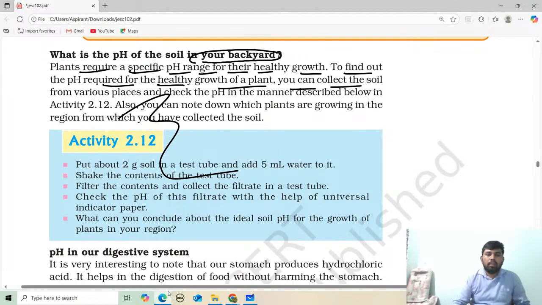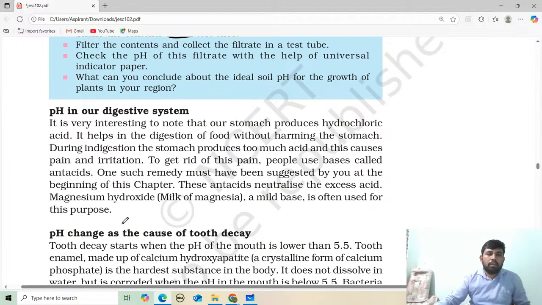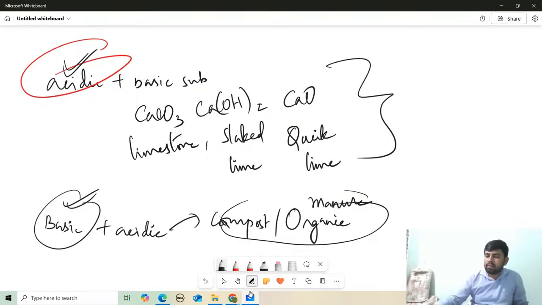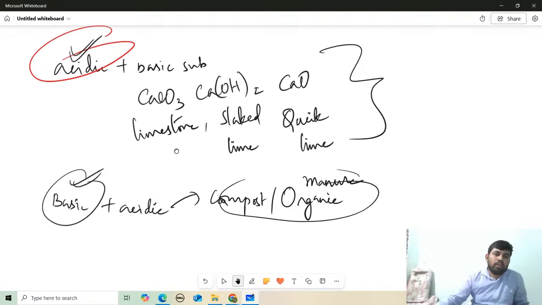Now come to pH in our digestive system. Hydrochloric acid is there in our stomach. See how the digestive system works here. Time to time, dilute HCl is produced in our stomach, which has pH approximately equal to 1.2.